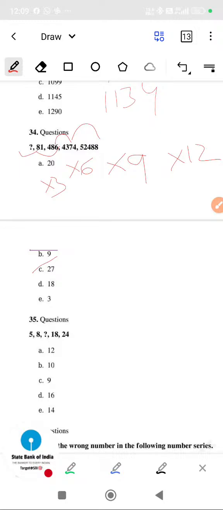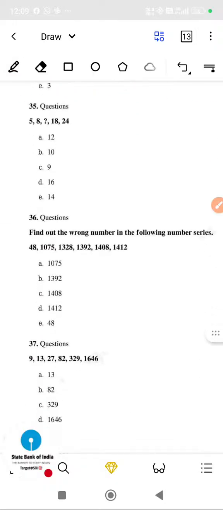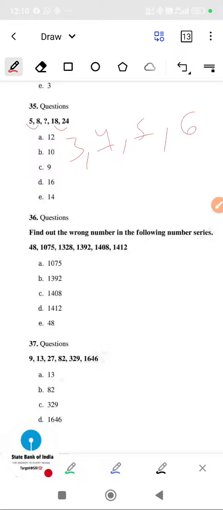Next, question number 35. Here we see 5 plus 3, double dash, and the difference between these two is 6. So it must be 4 and 5. So 8 plus 4, which will be 12. 12 plus 5, which will be 18.